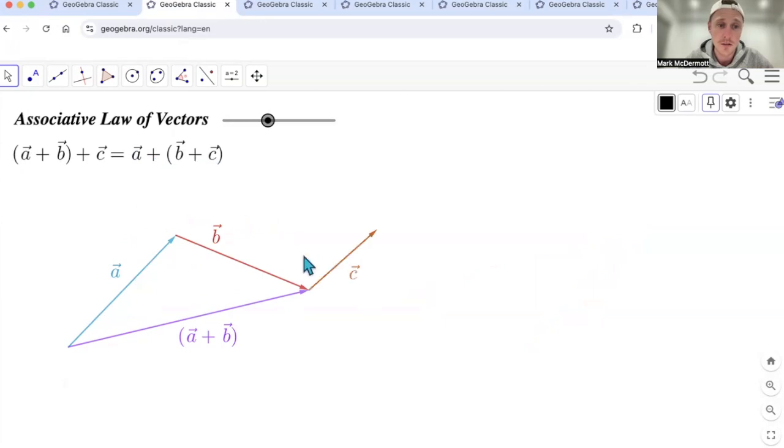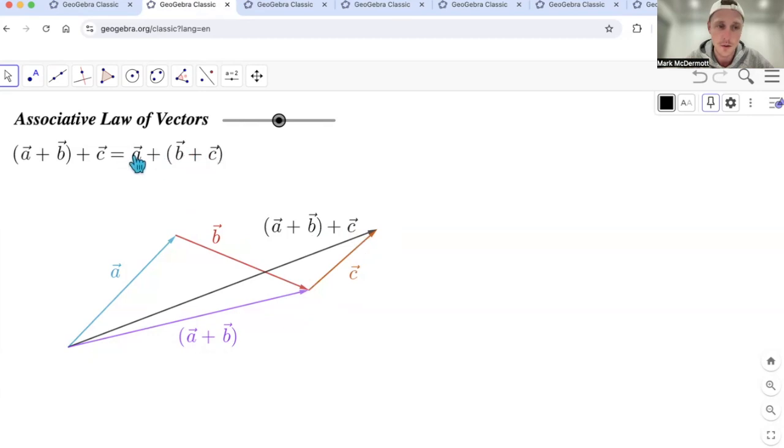And then we add on some other vector c. So now I've got a plus b plus c. So now we're going to get a vector that goes from the base of the purple one to the top of c. So this would represent vector a plus vector b added together, and then you're adding vector c to that.